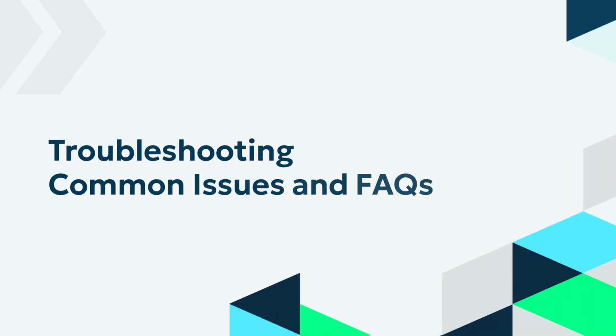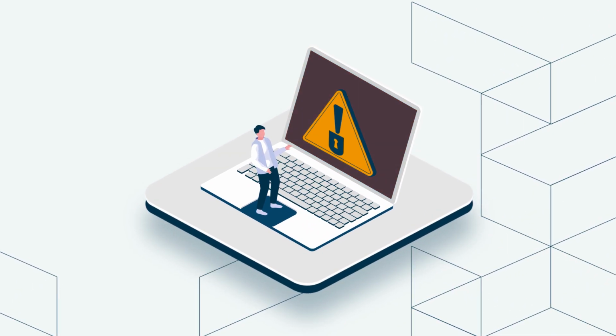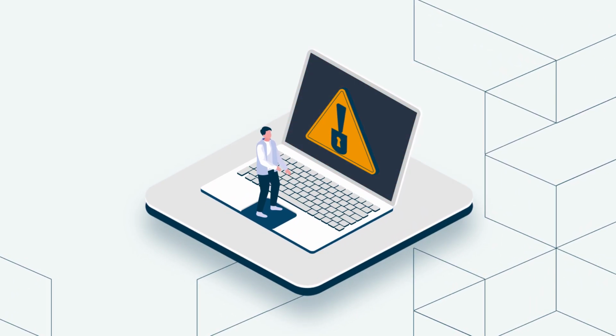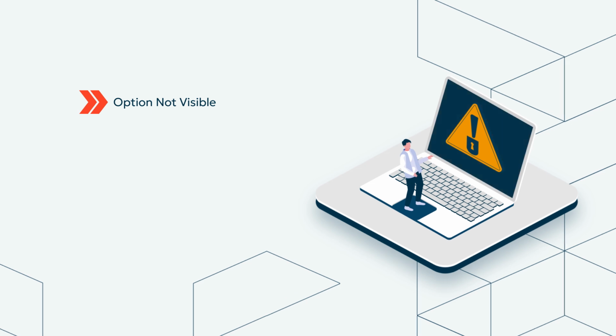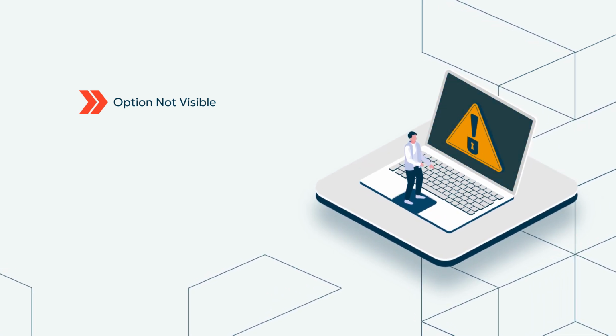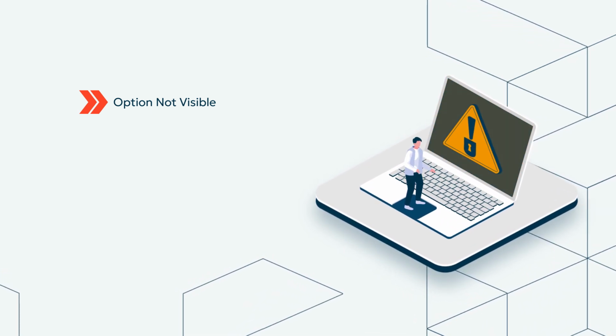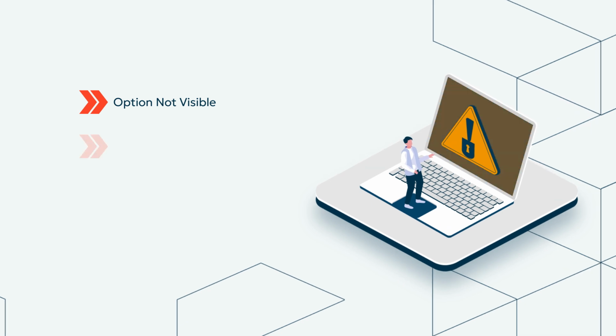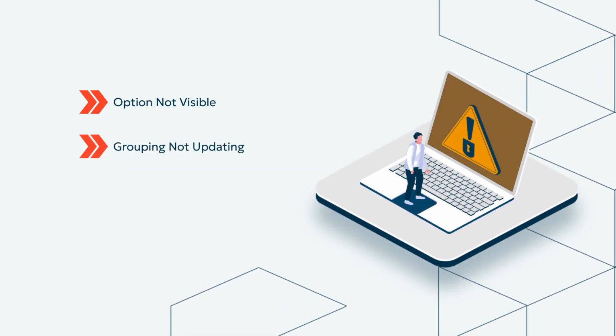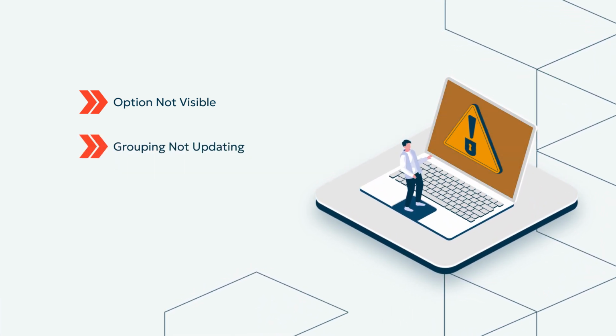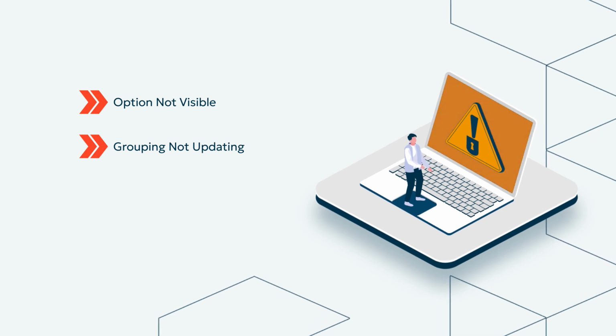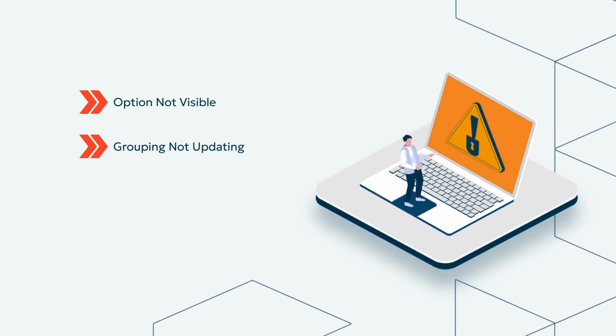Troubleshooting common issues and FAQs. Encountering a snag? Here are quick fixes and important clarifications regarding the grouping feature. Option not visible. Ensure you are definitely on the Processes tab, as the toggle is only available there. Grouping not updating. Try closing and reopening Task Manager to force a UI refresh, or toggle the setting off and back on.